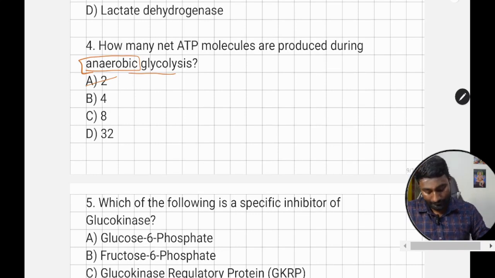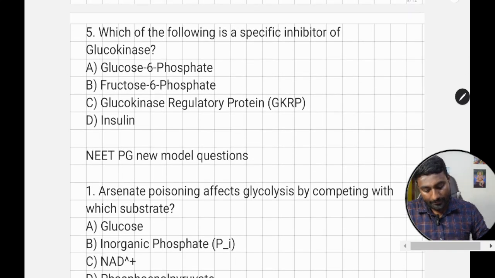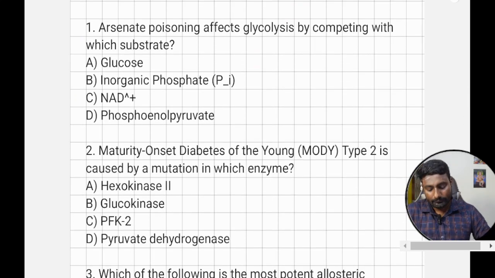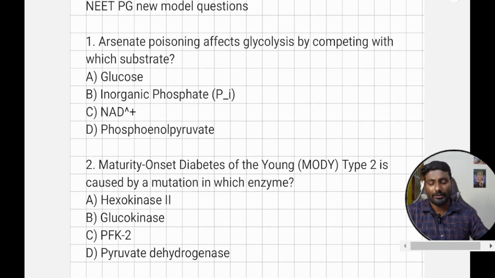Okay. Now, which of the following is a specific inhibitor of glucokinase? What is the specific inhibitor of glucokinase, students? Glucose regulatory protein. I didn't discuss this, but when we deal with genetics, we will discuss it. Okay. Now, these are the new model MCQs.